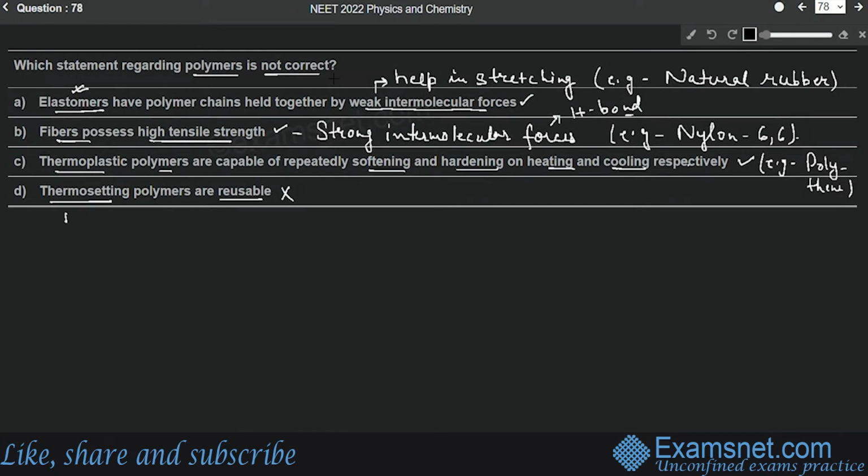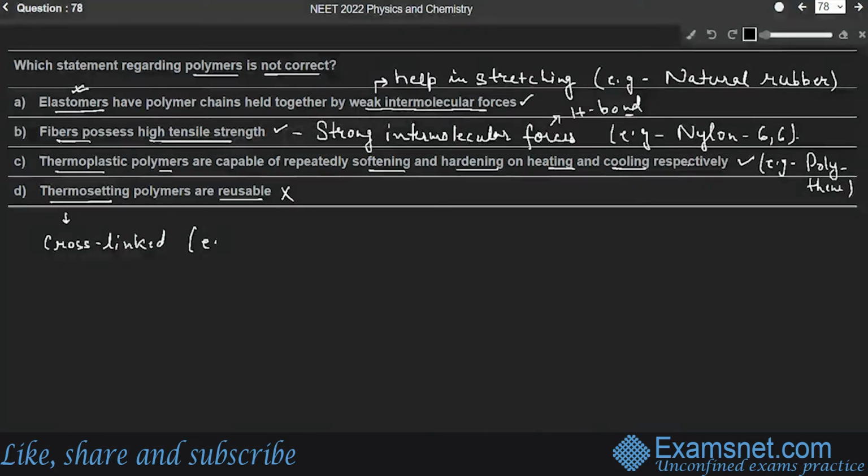Why? Thermosetting polymers are cross-linked polymers or heavily cross-linked polymers. Okay, so when these polymers are heated, they undergo extensive cross-linking in molds, and then they again become infusible. Okay, therefore these cannot be reused.